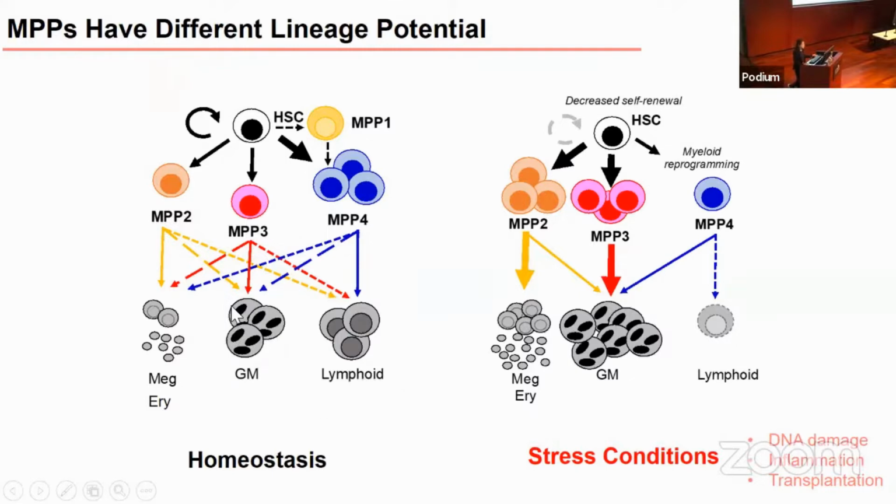This is in the condition of homeostasis. But in stress conditions induced by DNA damage, inflammation, or transplantation, the stem cell produces more MPP2 and MPP3 populations. That means they produce more megakaryocytes, erythrocytes, granulocytes, and also myeloid cells.